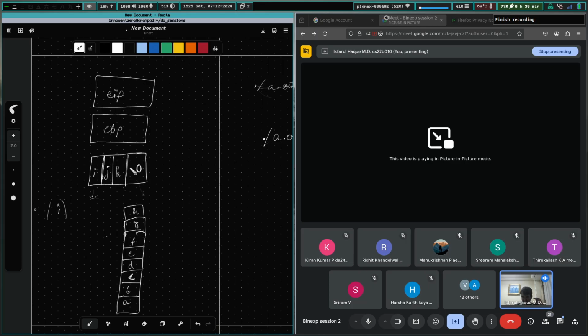The ASCII value of I into 8 power 3, plus ASCII of j into 8 power 2, plus ASCII of k into 8 power 1, plus ASCII of backslash 0, which is 0, into 8 power 0. That will be the number finally.